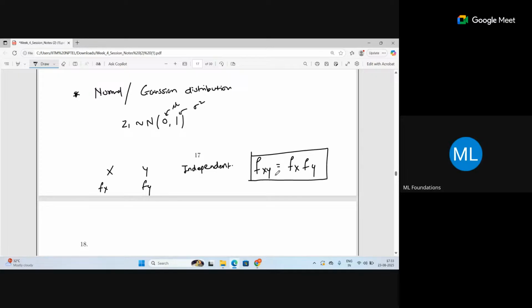It has to be mentioned that x and y are independent of each other. If not, I don't know how to find that out. Either they satisfy the condition that the joint density equals the product of their marginals, in which case I should know their joint density and their marginals, or it has to be mentioned that they are independent of each other. Fine.